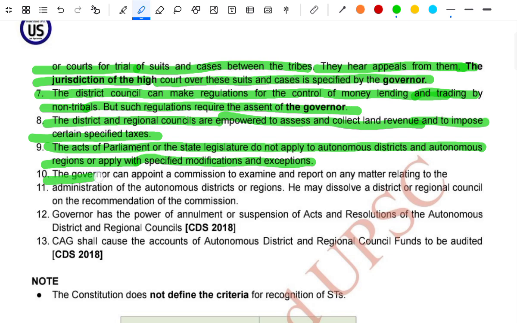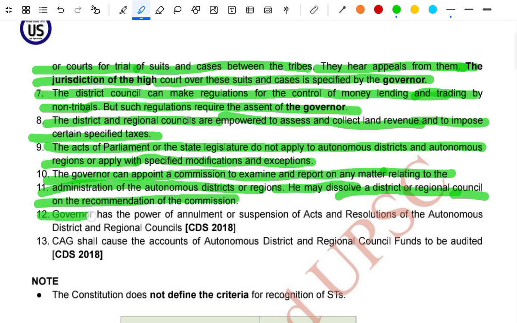The Governor can appoint a commission to examine and report on any matter relating to the administration of the autonomous districts and regions, and may dissolve a district or regional council on the recommendation of the commission.